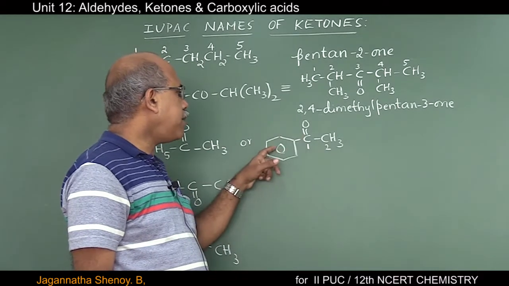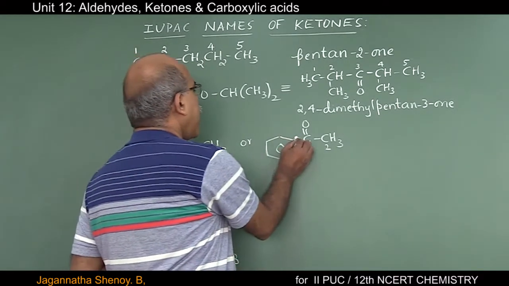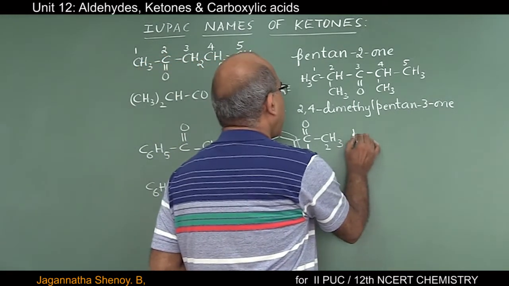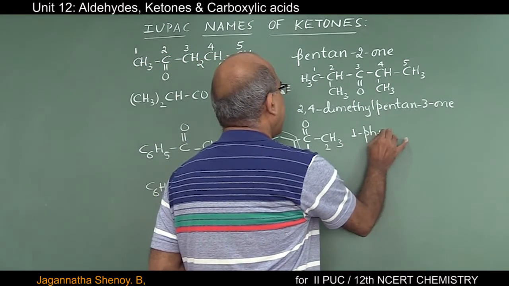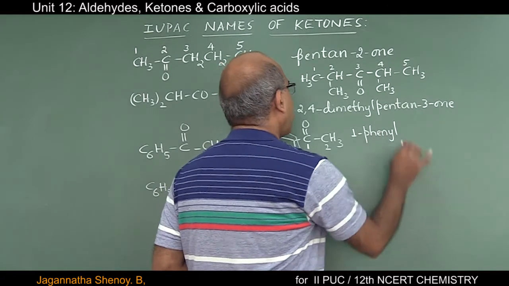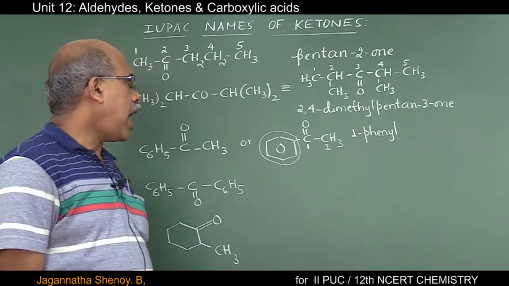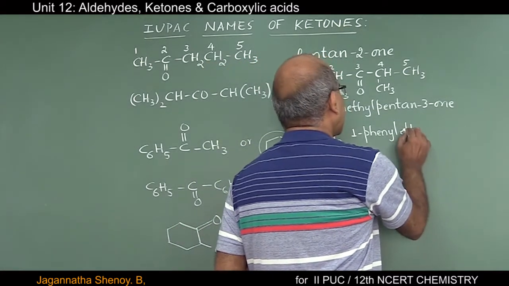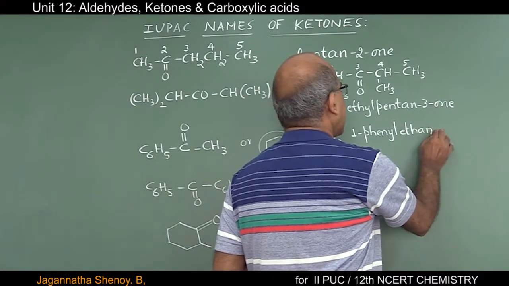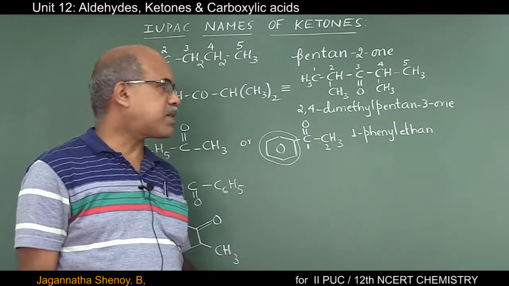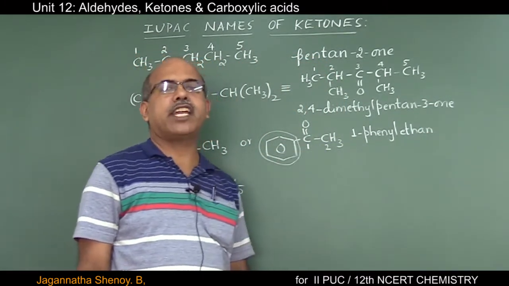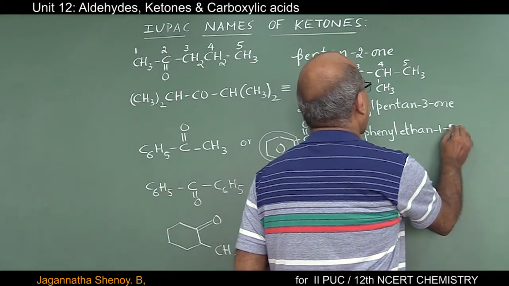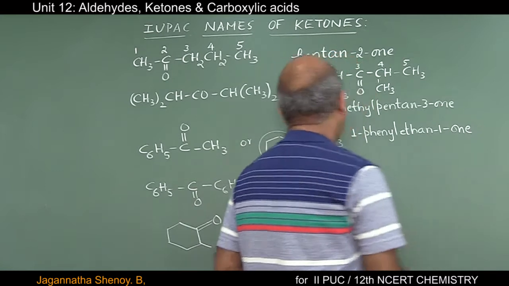So on the first carbon atom we have a phenyl substituent. So I'll write 1-phenyl. And there are 2 carbon atoms, so it's ethane, and if you are very specific you can indicate the position of the ketonic group, that is 1. So it's ethane-1-one.